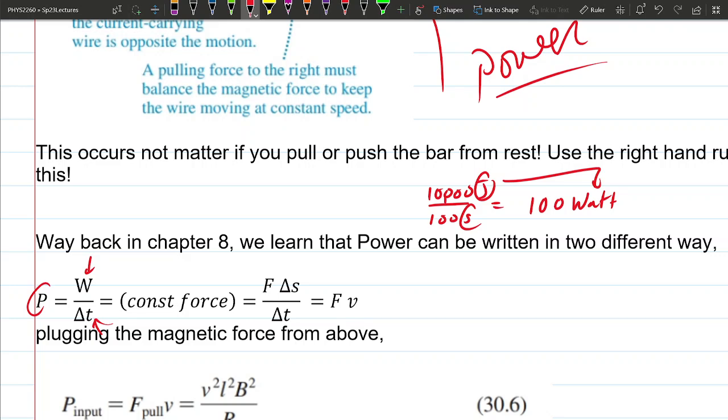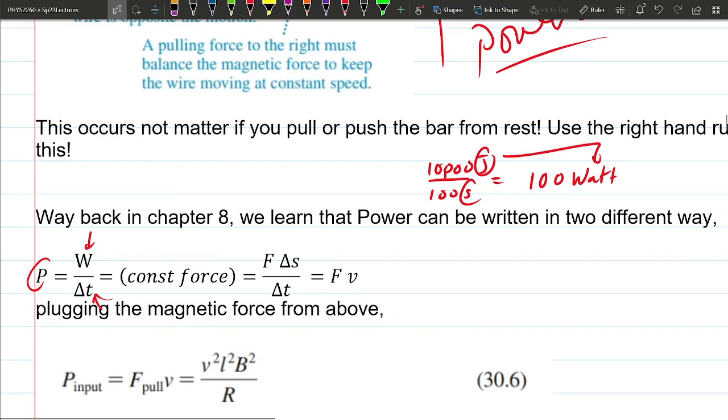There's another way to calculate power, and I'm not going to go through the derivation, but it's just a couple of steps: if you take the force and multiply by how fast that object is moving, that also gives you the power.